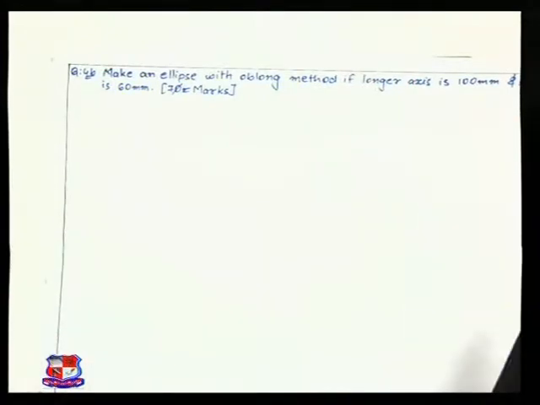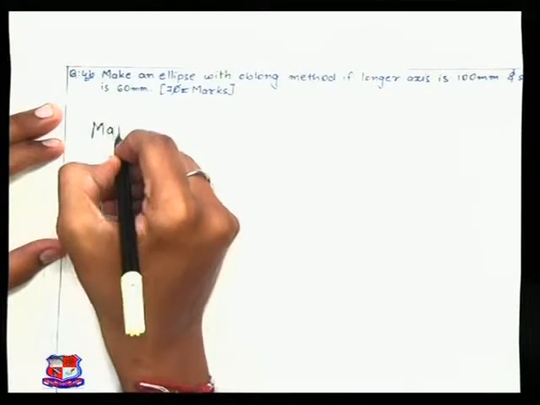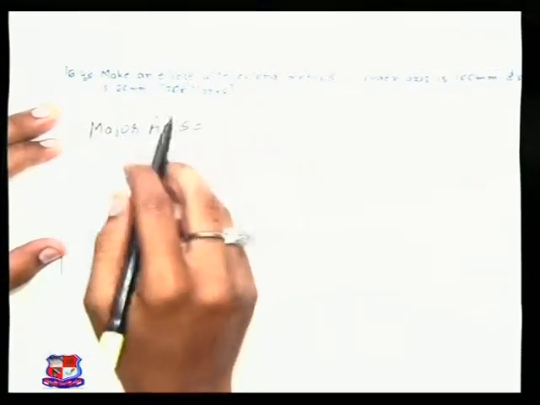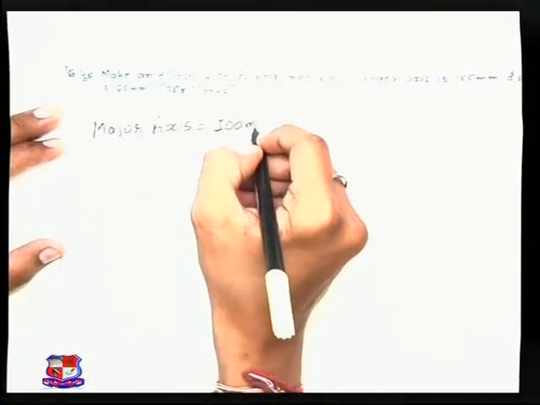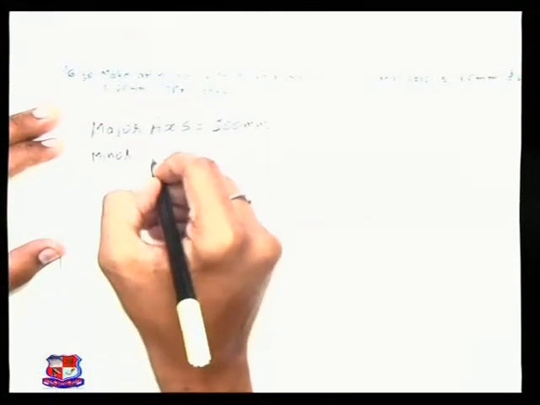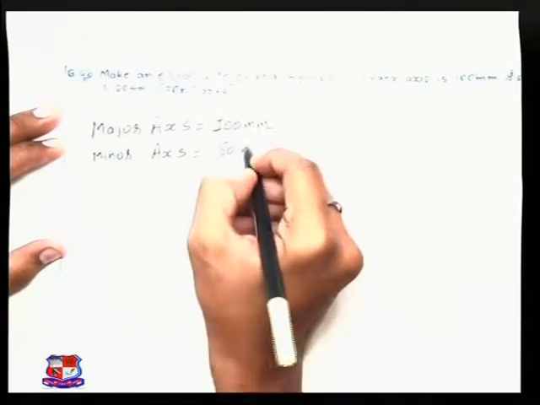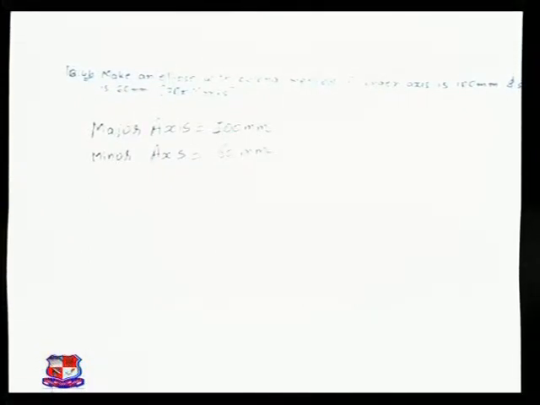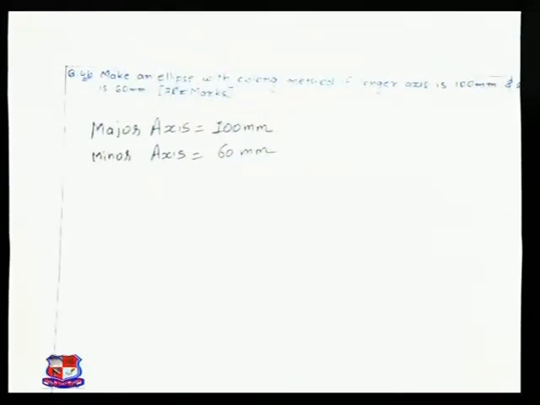Here the major axis is given as 100 mm, and the minor axis is given as 60 mm. The oblong method is also known as the rectangle method.